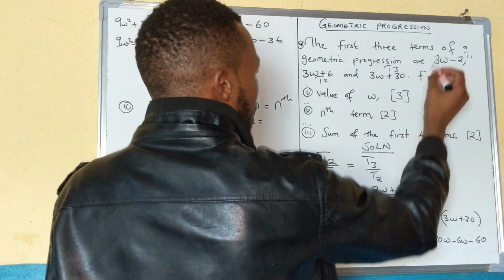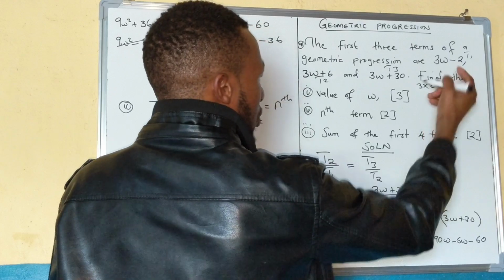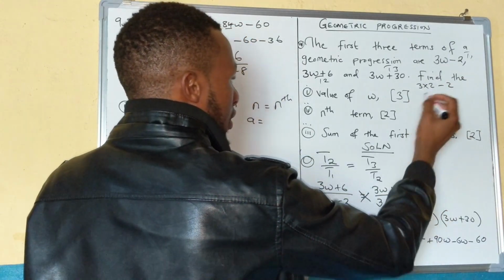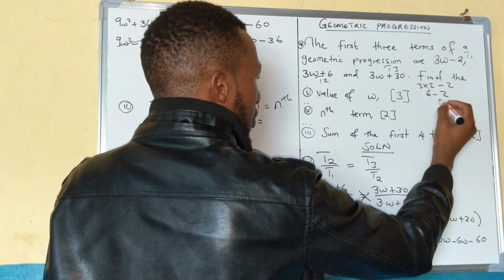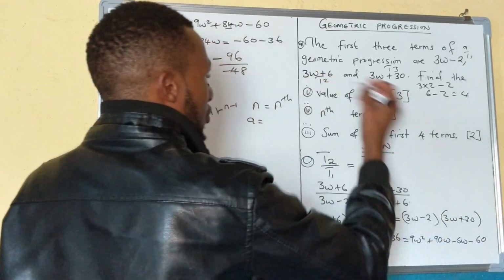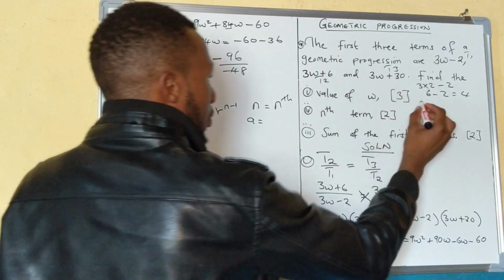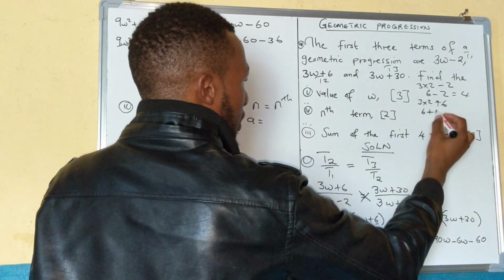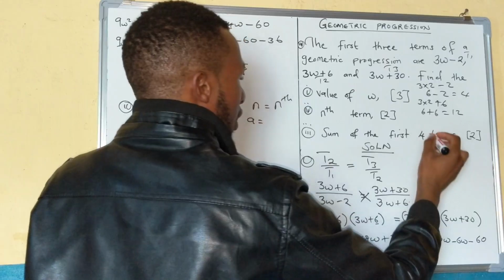So if we substitute here, it will be 3 times 2 minus 2. So 3 times 2 gives us 6, and 6 minus 2 is 4. Let us handle everything. Then T2 will be 3 times 2 plus 6. 6 plus 6 will give us 12.